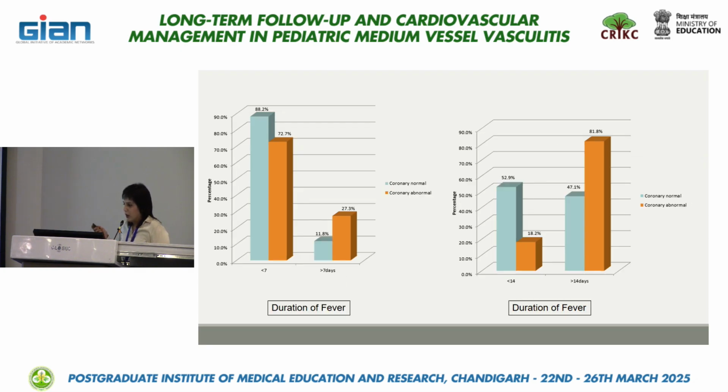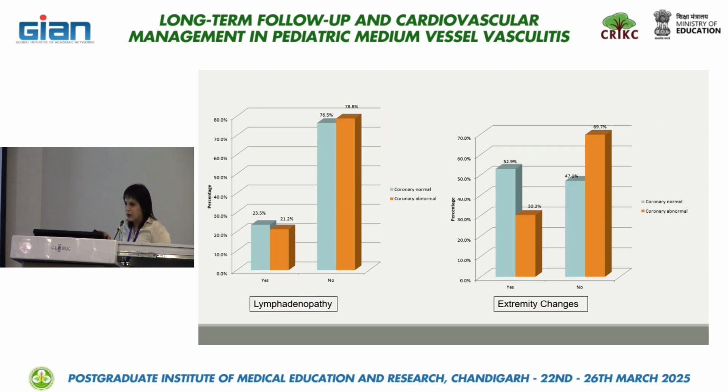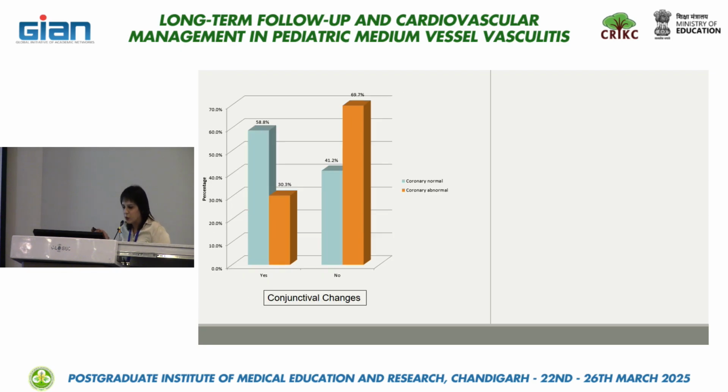And then we did a subgroup division as well, where it was found that less coronary abnormality was found in less than 14 days, and more in more than 14 days, with a significant p-value. There were no significant changes with oral changes and rash, and no significant correlation with lymphadenopathy, extremity changes, or conjunctival changes.